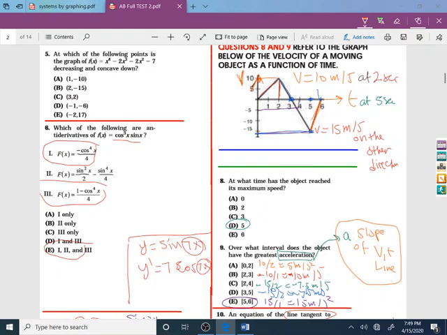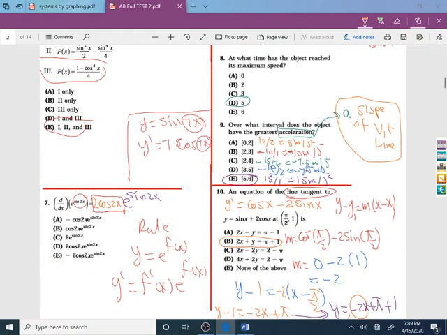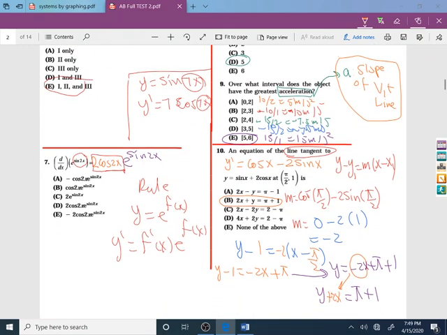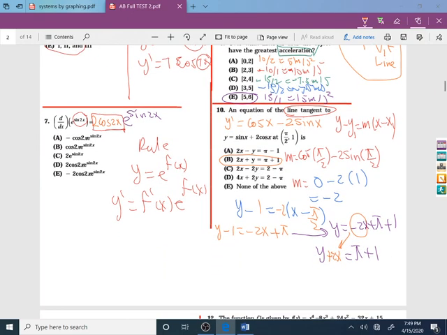Good. Okay, this is 9. 10. I'm going to explain in more detail the equation of the tangent line for y equals cosine x minus 2 sine x.